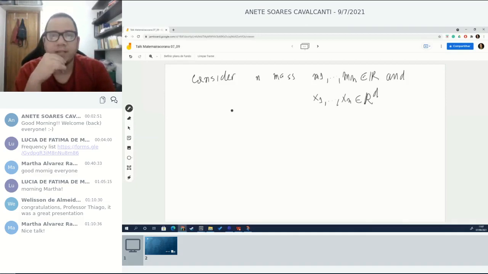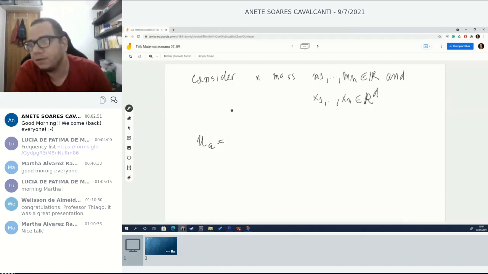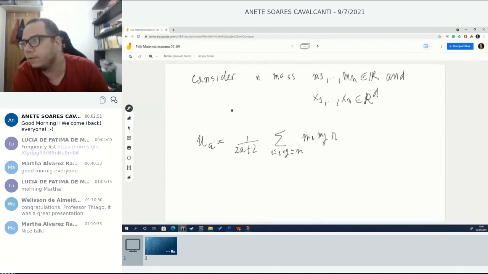We suppose that these points interact under a potential, and the potential has this form: U_a equal to 1 over 2a plus 2 times the sum of m_i m_j r_ij up to 2a plus 2.